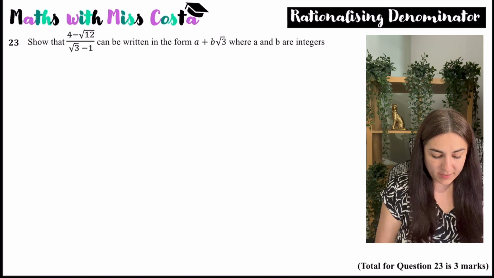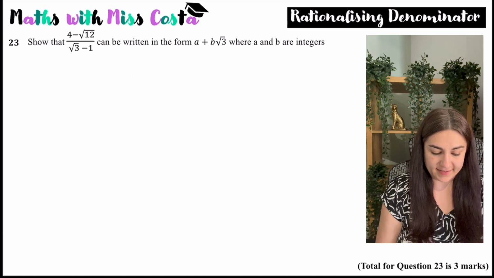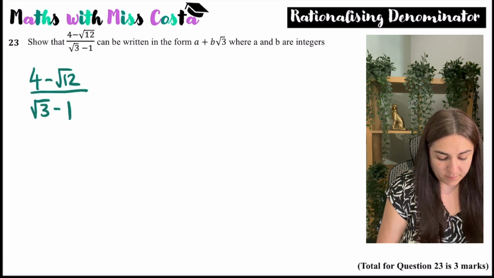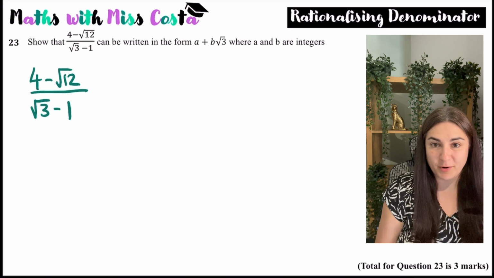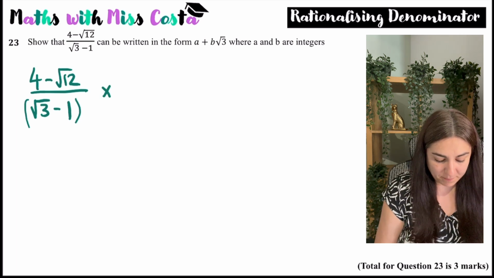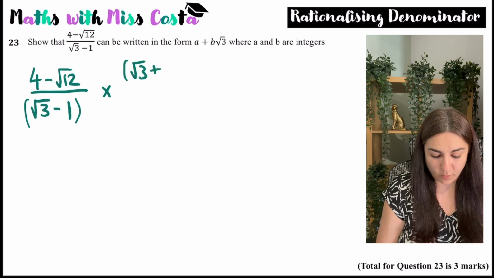However, when we have a slightly more complicated denominator, so we've got 4 minus root 12 over root 3 minus 1. If I just multiplied by root 3, I wouldn't cancel out the third. So what I do is I multiply by the inverse of this. So instead of root 3 take 1, it's going to be root 3 plus 1. And the reason I do this is very simple.